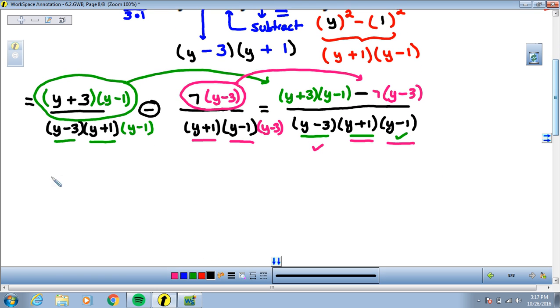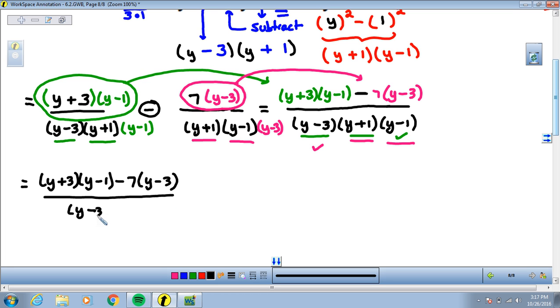I am going to rewrite this so you can see better what we have so far. So, what do we need to do to simplify that? The numerator we need to FOIL, right?